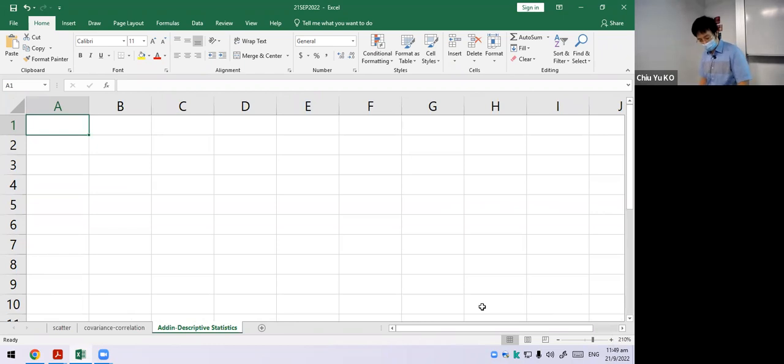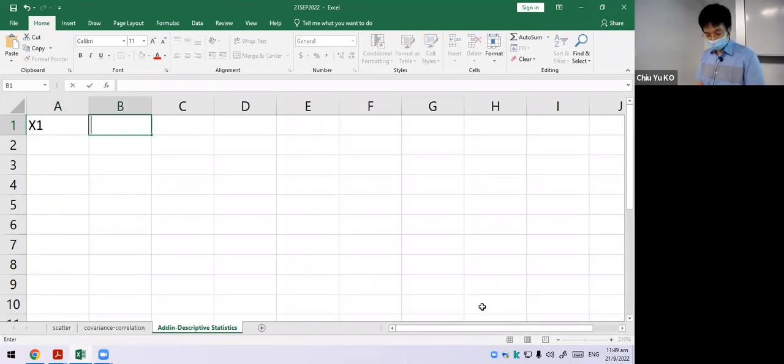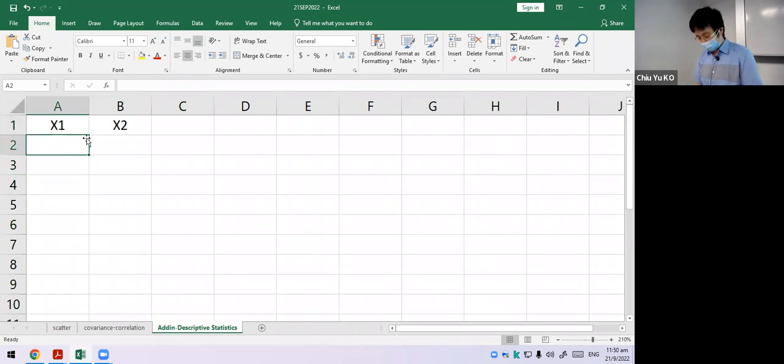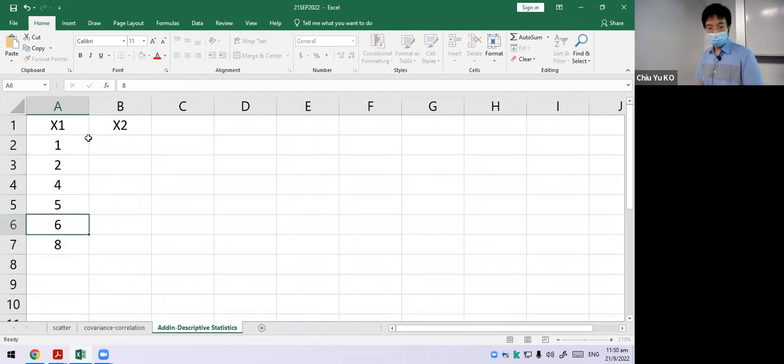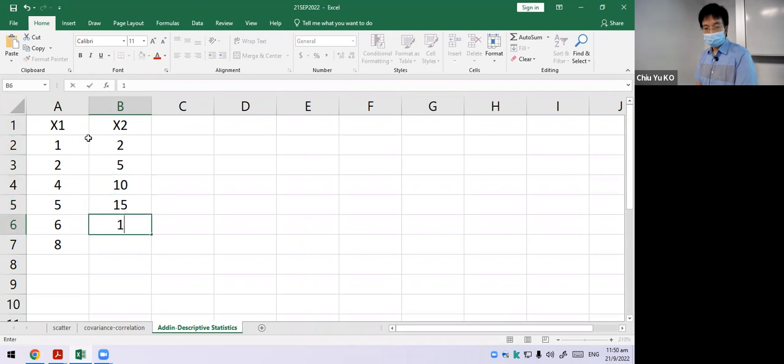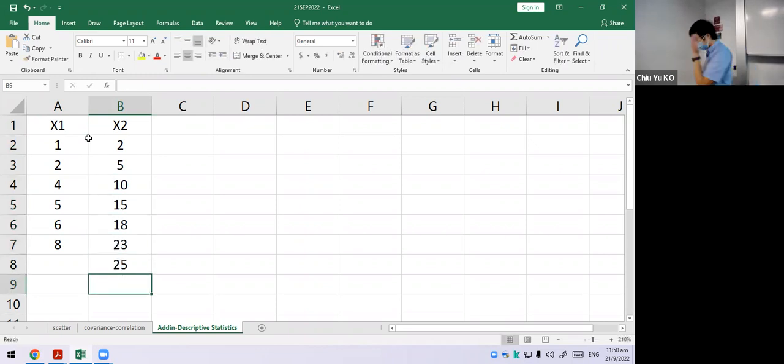Now what I'm going to do is I have a data set X1 and X2. Okay. These are two new columns here. What I want to do is just randomly put in some numbers here. Okay. And I have another column. You don't have to follow me. I just randomly put in some numbers here.